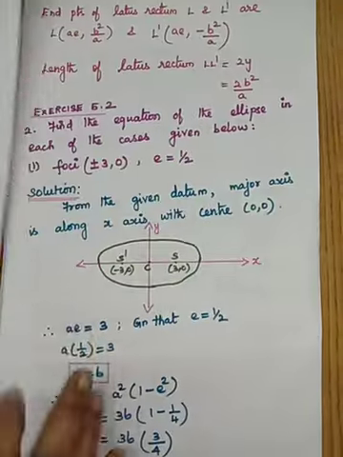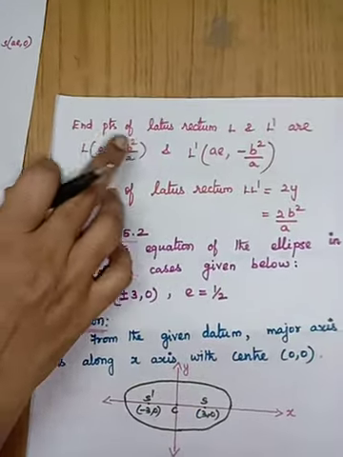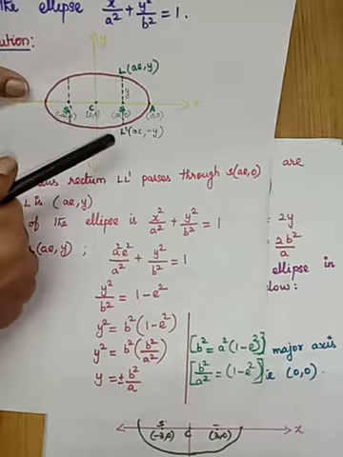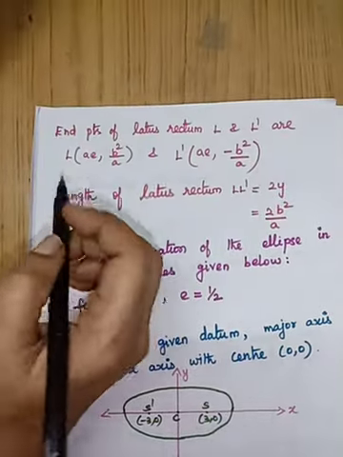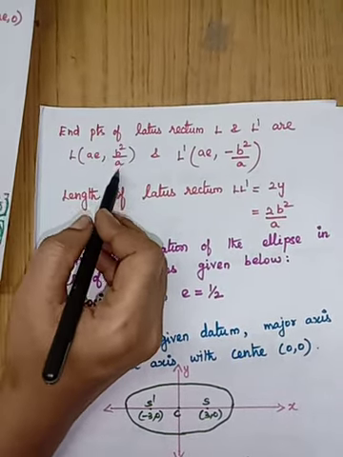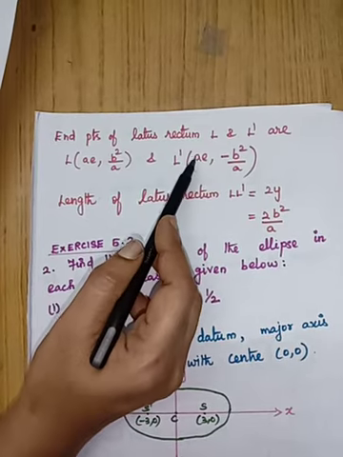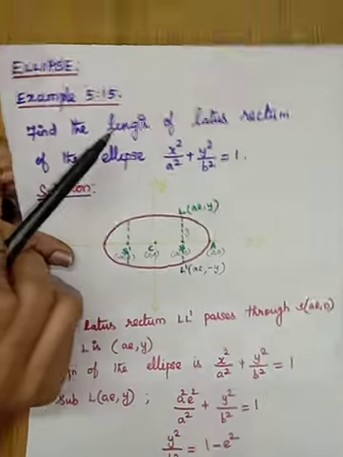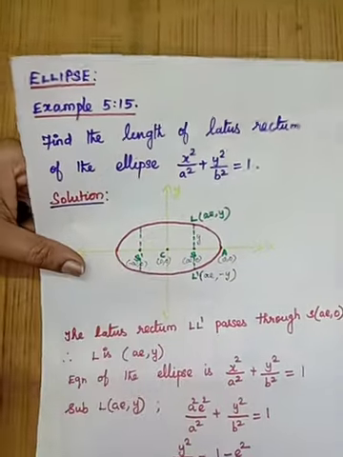So the end points of the latus rectum are L and L dash: L is (ae, b squared by a) and L dash is (ae, minus b squared by a). What is asked in the question? The length of the latus rectum.